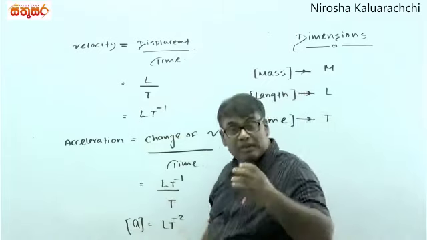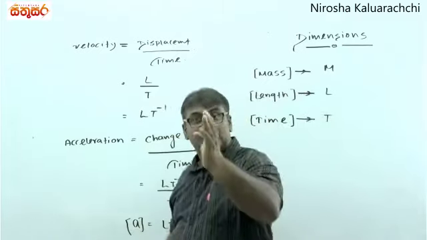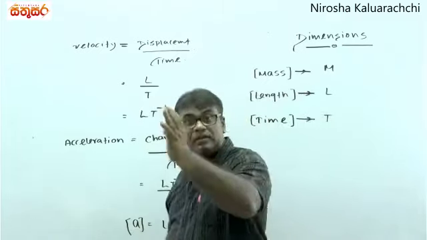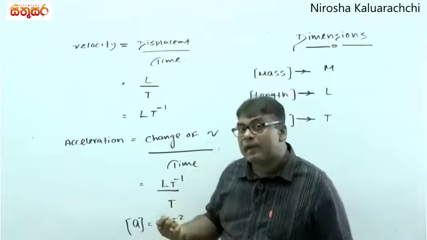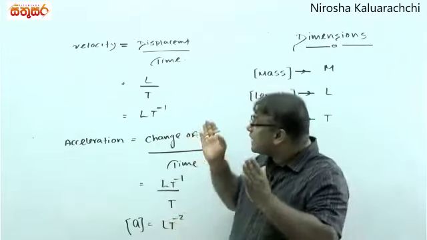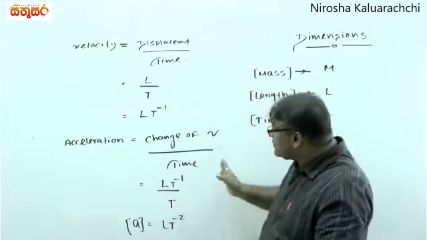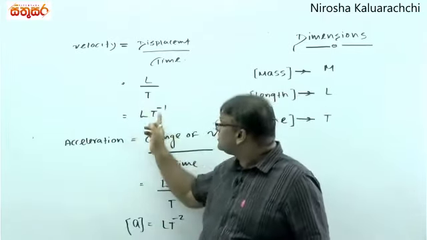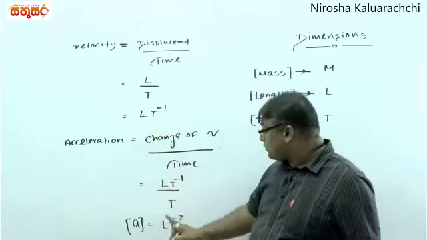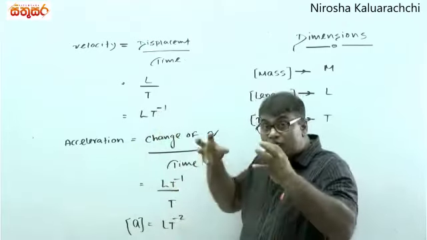When you write volume, the dimension of volume is length times width times height, three times length, L cubed. It is similar to units, but with units, a plenty of units are available. Here we have only three dimensions. Using these three dimensions, we can prepare all the other dimensions. It is easy to identify. Dimension is defined as the arrangement of the basic physical quantities in a given quantity, like L to the power 1, T to the power minus 1, or L to the power 1, T to the power minus 2.